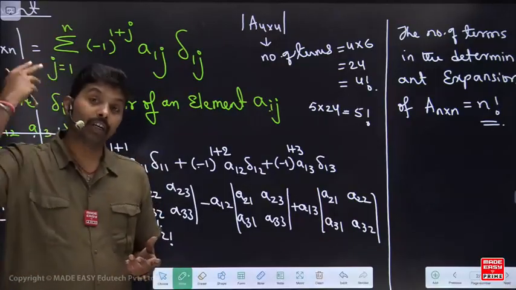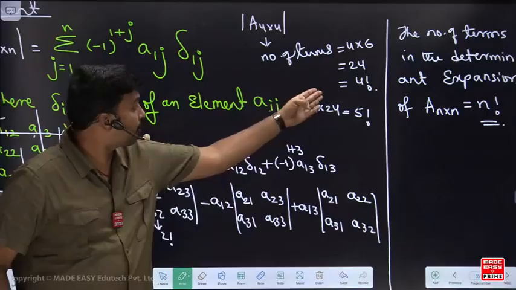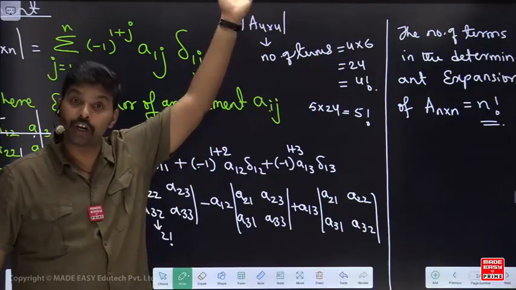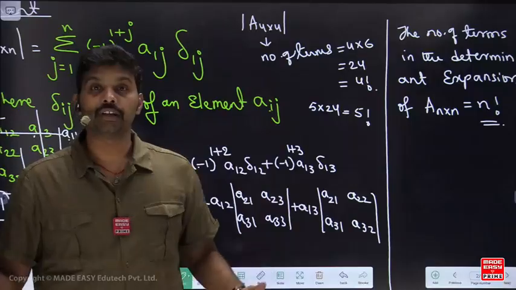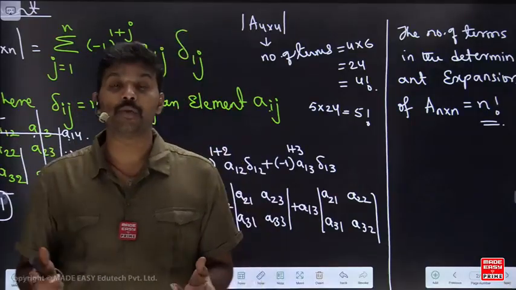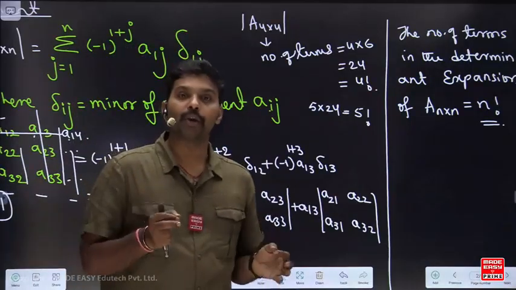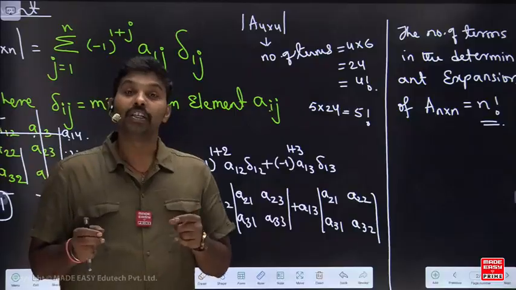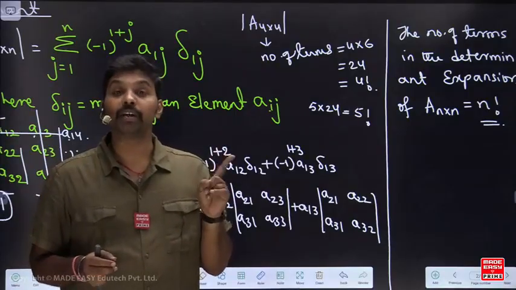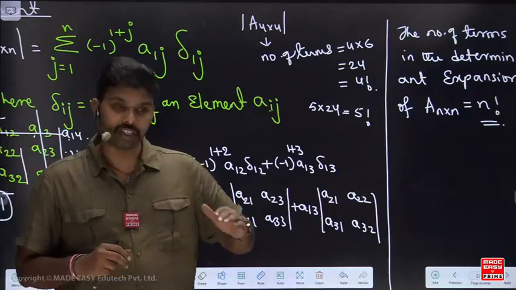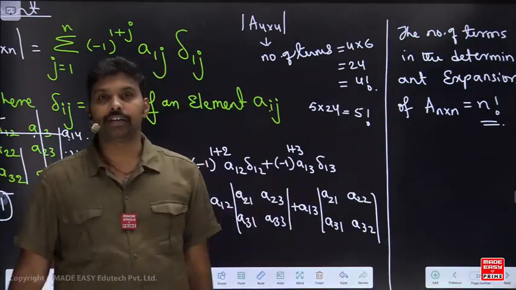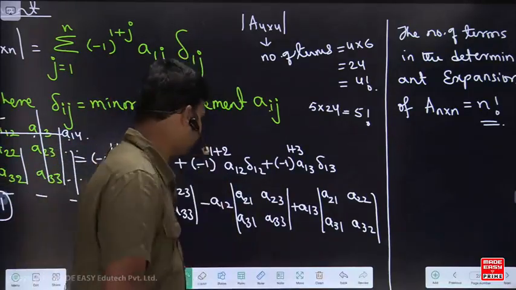For 5/5 it will take more time, because the number of terms is increasing. 120 terms means it will take a lot of time for expansion. So what are the techniques, shortcuts and simple ways of finding such higher order determinants? What are the procedures, we will see a little later.